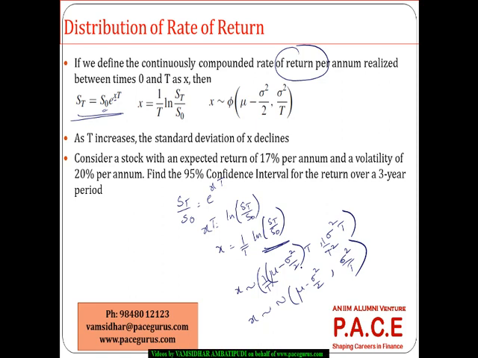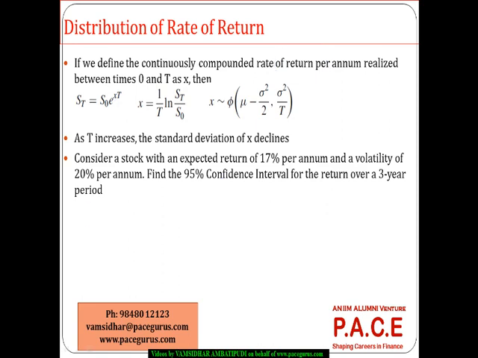So the continuously compounded rate of return follows a normal distribution with mean mu minus sigma squared by 2 and variance sigma squared by t. Right? So as t is increasing, the variance is decreasing and the standard deviation is decreasing accordingly.